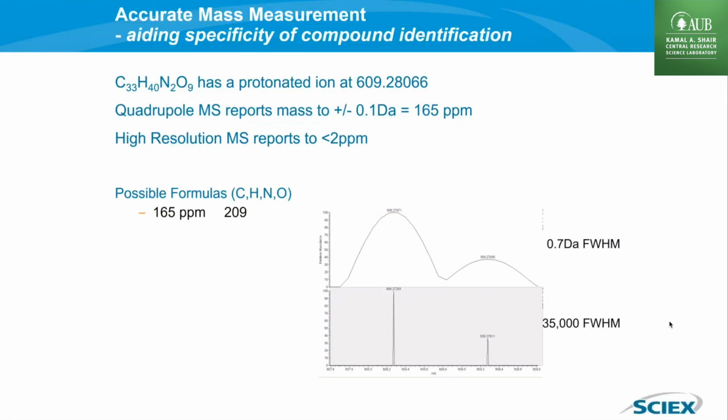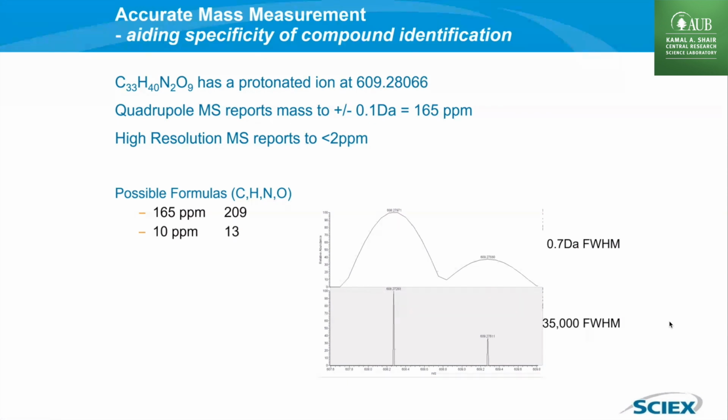See the data there on the right side. So if we had a mass accuracy of 165 ppm, then there would be 209 possible formulas using only these four elements that fit that data.